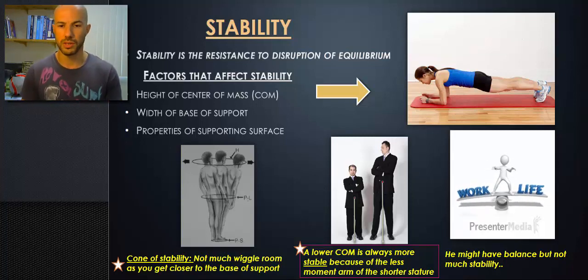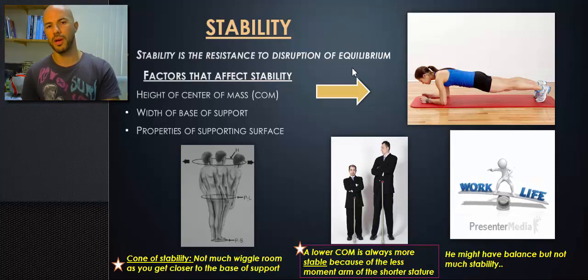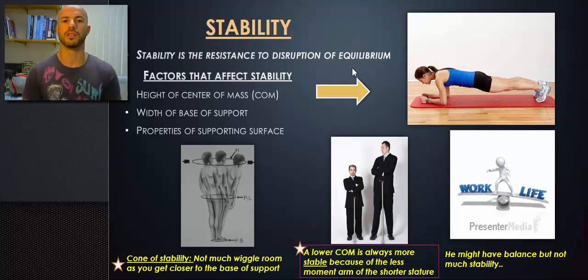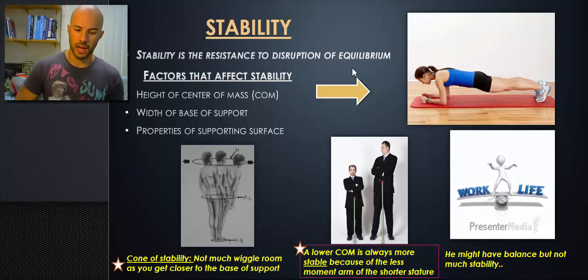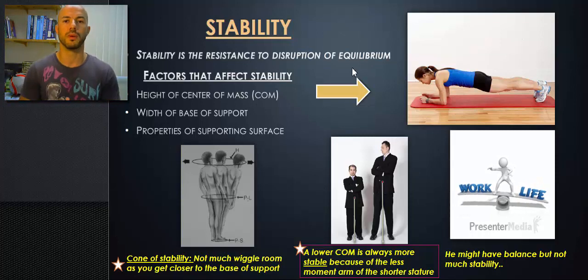Two guys, one shorter, one taller, both with the same base of support. The guy with the shorter stature will have more stability. Why? Because the center of mass is lower, that creates lower moment arms. Therefore, it's much harder for him to get out of that base of support, if you remember the cone of stability. So it's much easier to keep the posture stable.